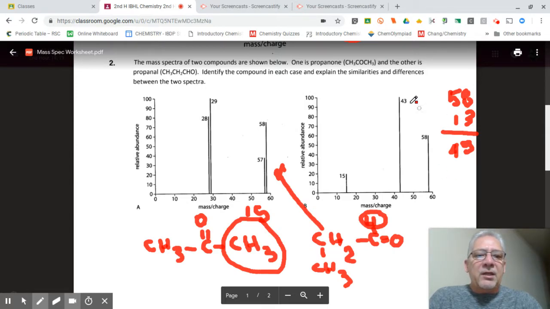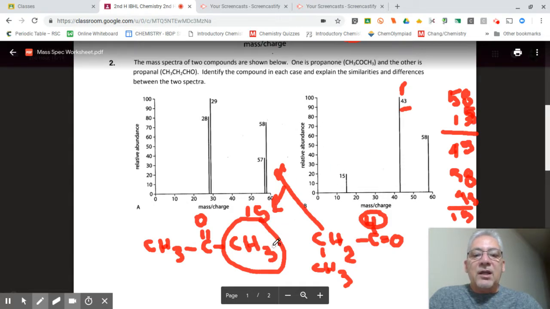We need to find the combination that will give us the 43 here after you had the molar mass of 60. So we had 58, and 58 minus 43, let me do the other way around, is losing 15. Yes, sorry, I was right. This is the 15 that is being lost here, the methyl group, from 58 to 43. I don't know how I came up with the 13 here, which is actually 15. So this is the one.